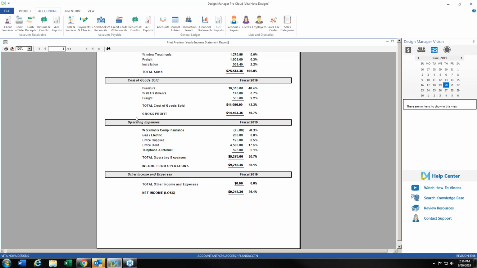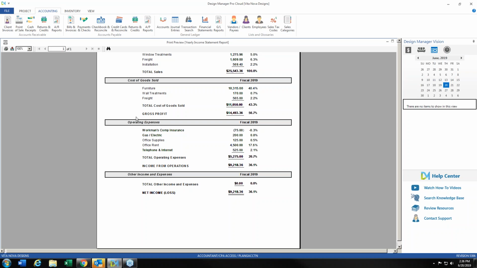So Design Manager is operated on the accrual basis. So if a payable was put in reflecting the 2018 tax return, and a bill was put in, or a journal entry was put in reflecting that expense in 2018, when that actually was paid, that will lower the balance sheet payable.